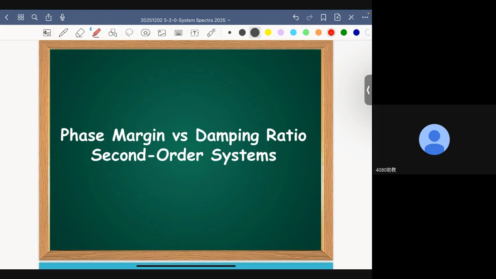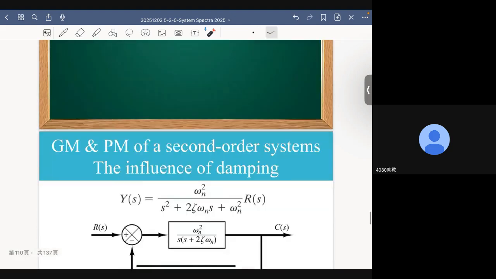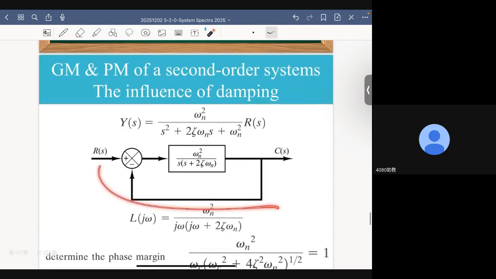Let's look into its relationship to the damping ratio. We all know that damping ratio is a very important parameter for second order system. So this is a closed loop feedback system with a loop transfer function that looks like this.